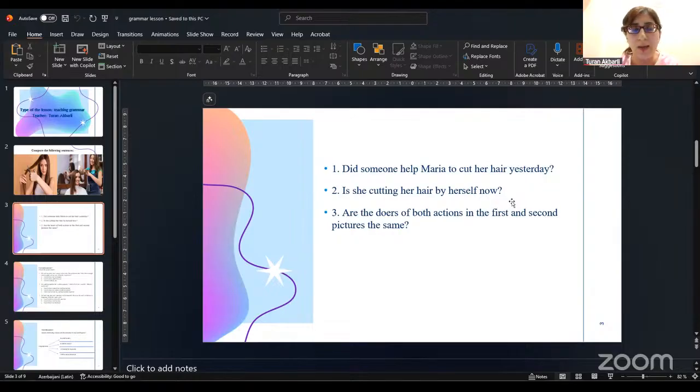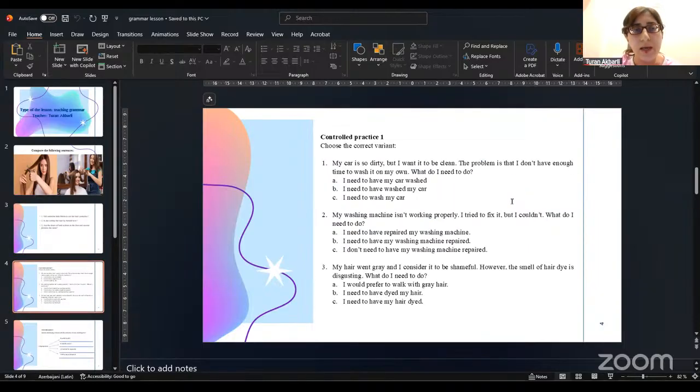My grammar structure is to have something done or to get something done, for example, I have my hair cut, and I try to explain it with the pictures, as you see here.